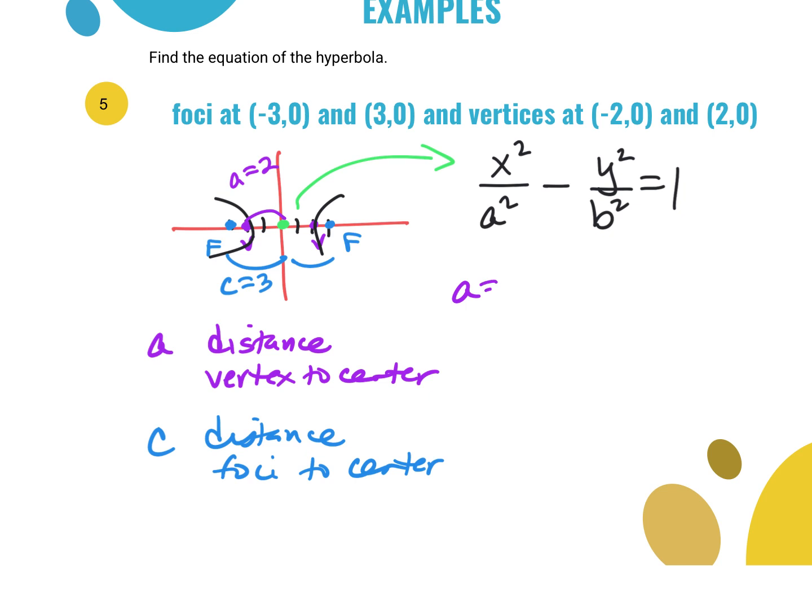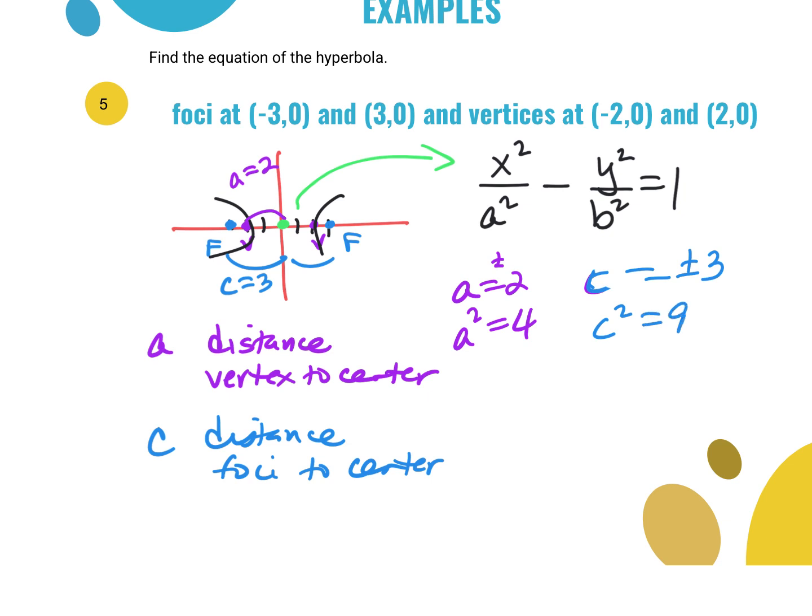So a equals 2, or plus and minus 2 in both directions. And then a squared equals 4. And then c, let me do the c first. C was equal to plus and minus 3. So c squared equals 9.